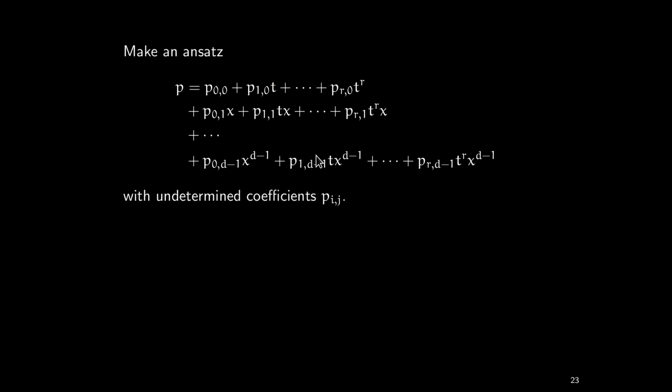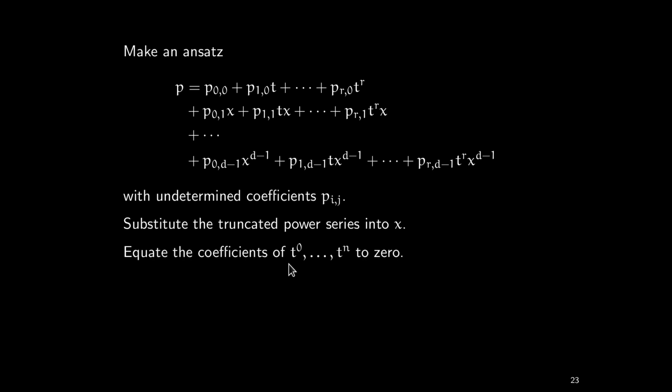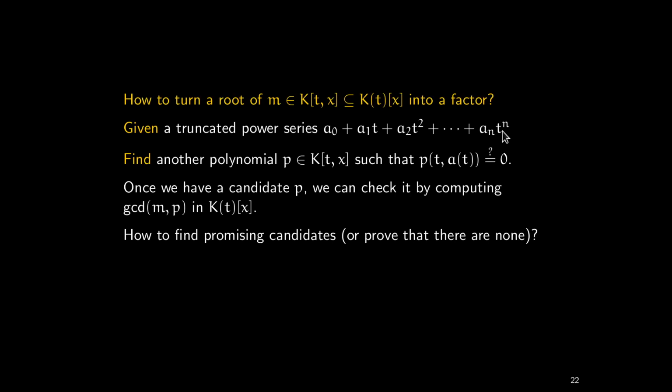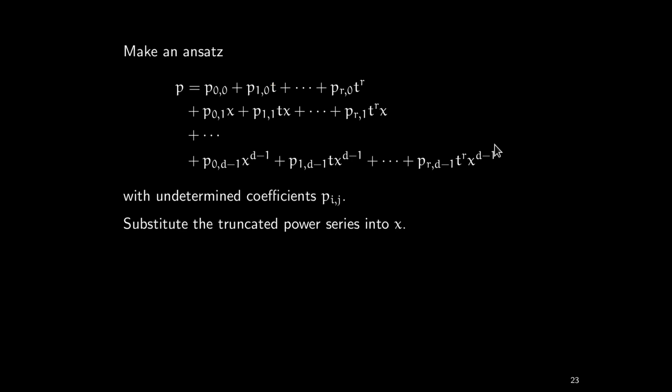And then what I want is that this resulting expression will be zero for the first so many terms with respect to t, so I force them to zero. So I equate the first n coefficients to zero, not more because I don't have more accuracy here. But for those ones, it's necessary in order for the p to have the a as a root, or a power series that starts like a as a root. And this gives a linear system for the unknown coefficients p_ij.